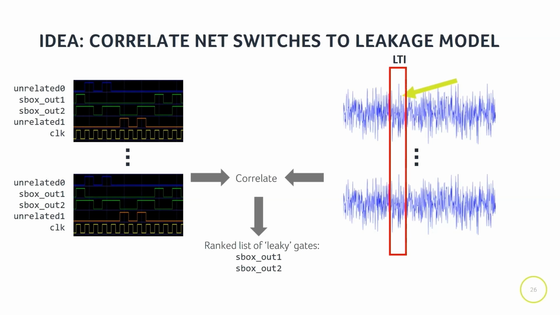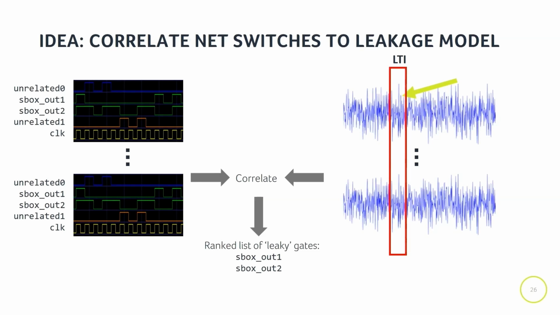And we can statistically look at the peaks in power there as well. Now, if a particular net always seems to correspond in its switches with a higher peak on the right-hand side, you can argue there's actually a statistical relation between those two. So you can start going down to nets that leak inside of a chip. And what comes out of this is basically a ranked list of leaky gates. So you can start arguing, in this small contrived example, it's actually the S boxes that seem to leak.